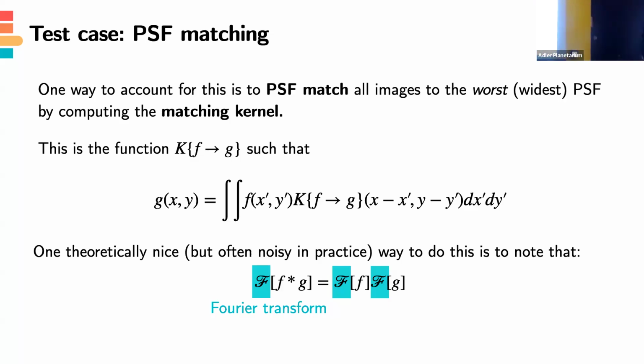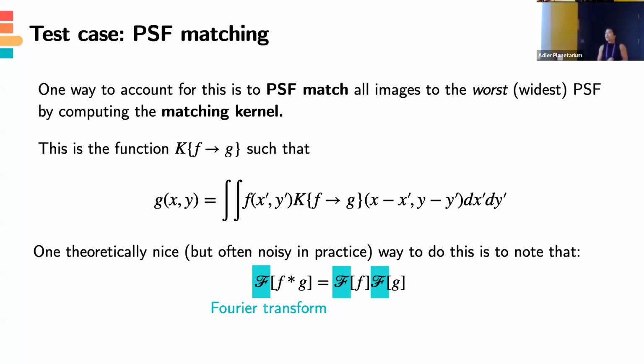So if you have very nicely defined or even analytic PSFs, this can be an awesome way to figure out your matching kernel directly. In practice, when you have a PSF that you've measured empirically with some amount of noise, this method can blow up really quickly, because when you Fourier transform and multiply them, you're really going to amplify any kind of high frequency noise that you have in the PSF.